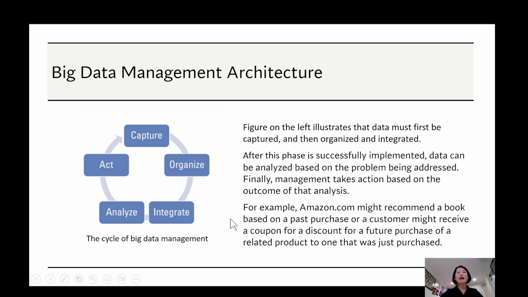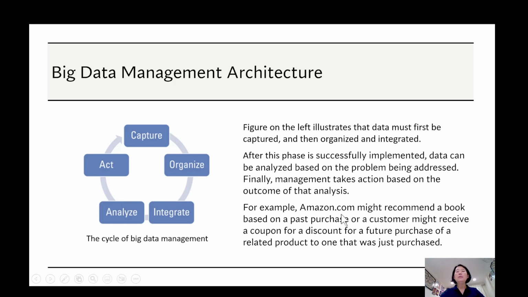Then after you analyze, you will need to take action based on the outcome of your analysis. For example, if you analyze and find out that your customers prefer to buy a certain group of car accessories during the winter season, then you will have to take action to fulfill this high demand during the winter. So you might want to purchase more from the supplier, especially for this category of product.